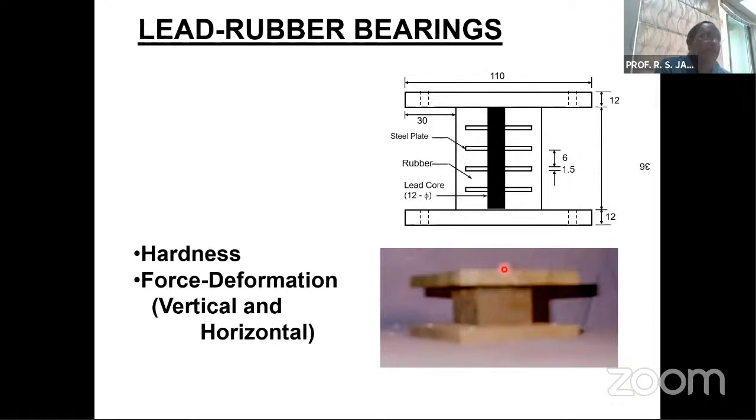The purpose of the lead in an isolation system is to provide initial rigidity to the system so that the system is almost static, with no vibrations, during a strong wind or minor earthquakes. However, when a major earthquake comes, yielding in the lead takes place, and because of this yielding, additional hysteretic energy is developed in the system. So that's the advantage of the lead core.